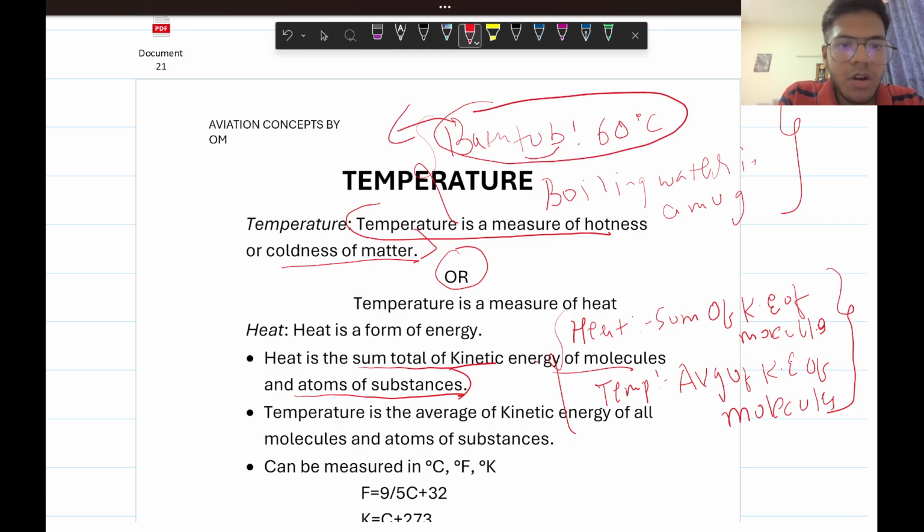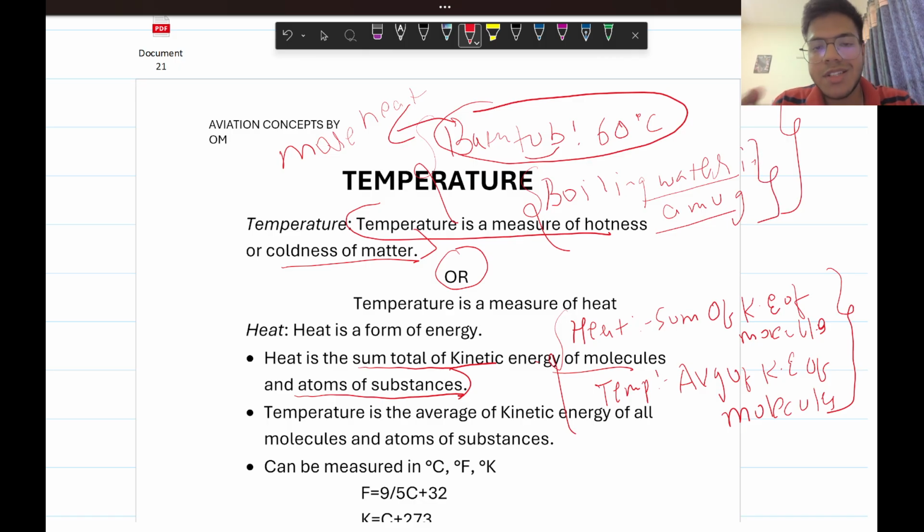The bathtub will have more heat, but its temperature is not that much as compared to boiling water in a mug, because boiling water consists of a small area, so its average will be more as compared to the bathtub.